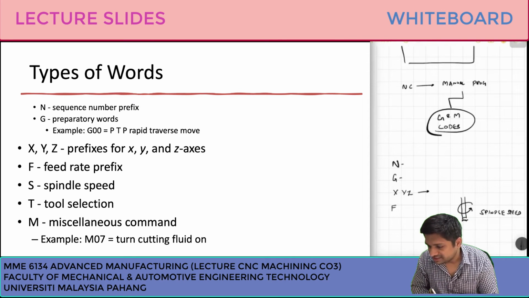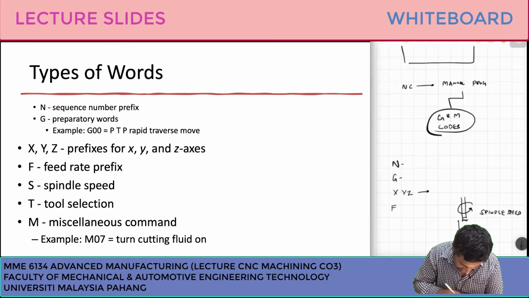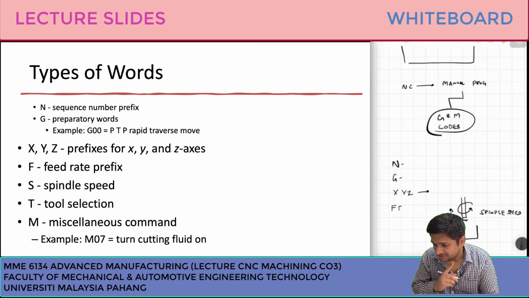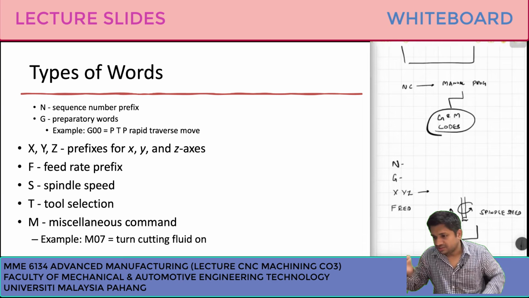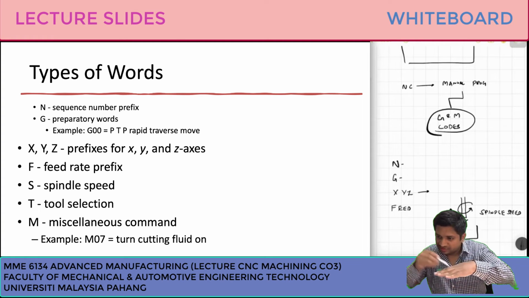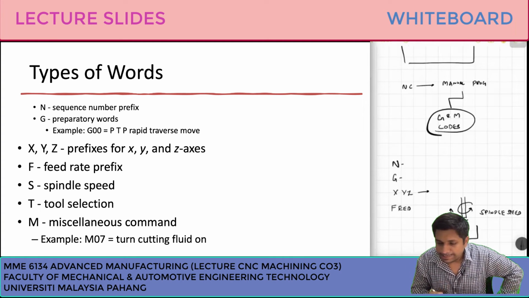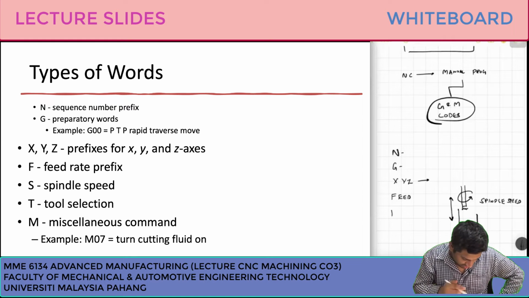The rotation is spindle speed, and during the cutting process, how fast it moves is called feed. It is how much the tool is being fed into the workpiece. Then we have tool selection.